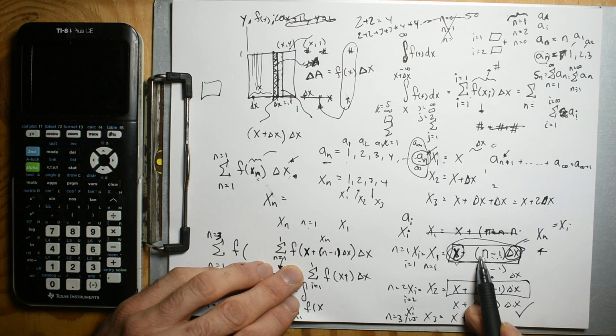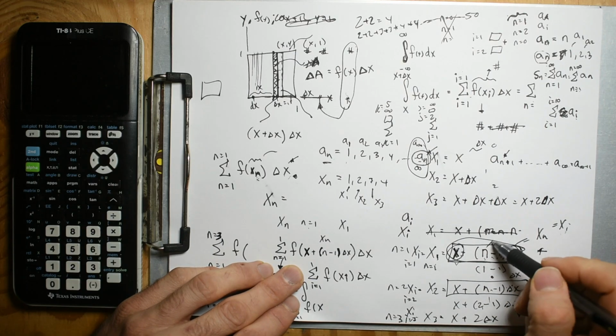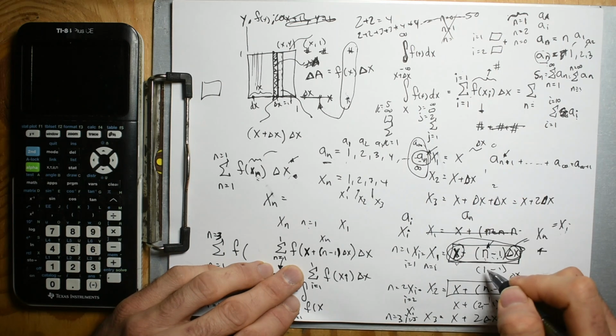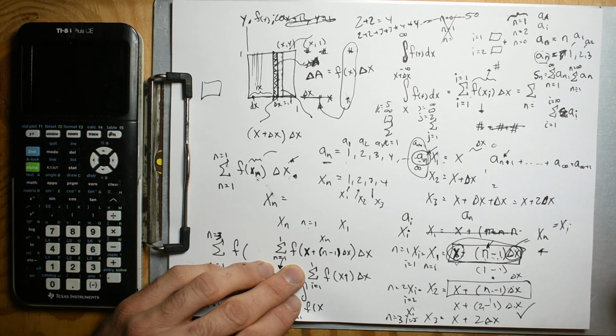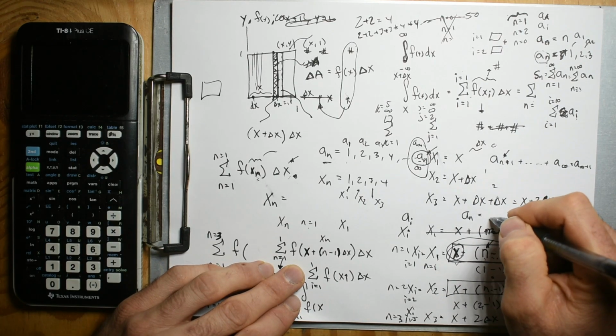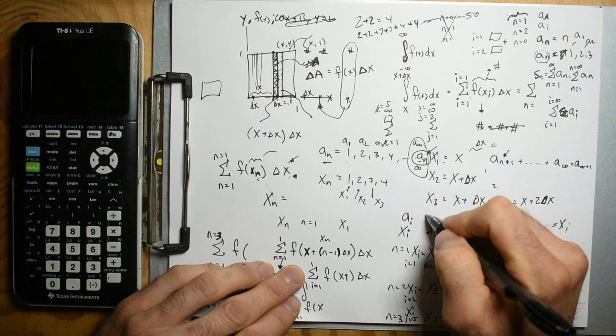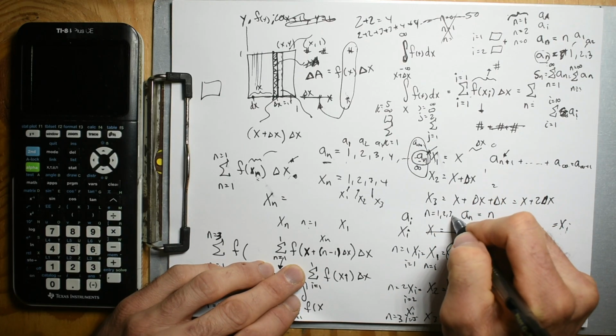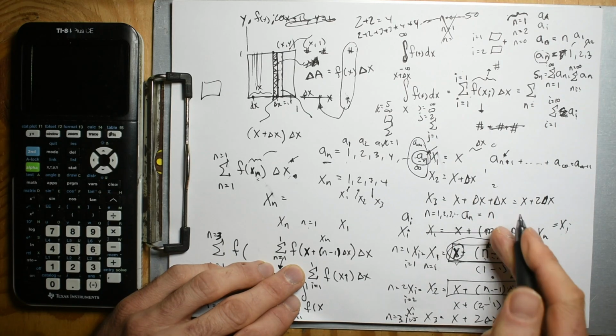The only thing that's changing in this series is this value of n. So in a series where you have a of n, everything else is constant except the n is changing. So if I have a of n is equal to n, where n can be 1, 2, 3, etc., that's the only thing that's changing.